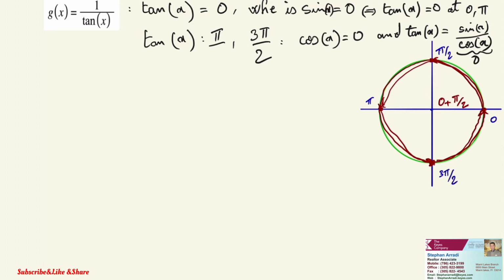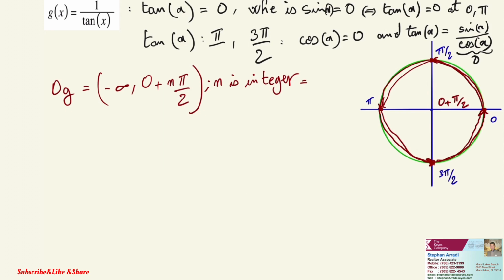So therefore we see the domain of g is just equal to negative infinity, zero plus n pi over 2, and n is an integer.